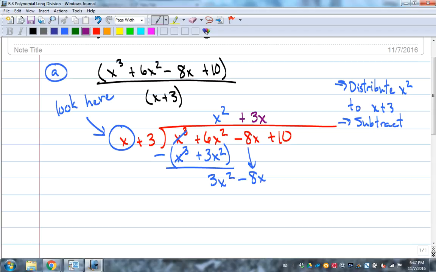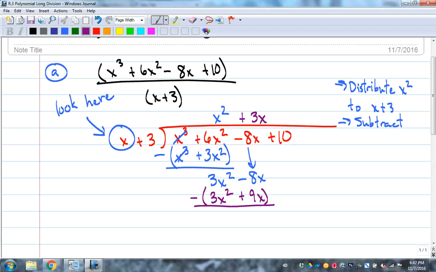Then I'm going to distribute again: 3x times x plus 3. 3x times x is 3x squared, and 3x times plus 3 is plus 9x. Parentheses, subtract. Where did 3x squared come from? It comes from 3x times x.